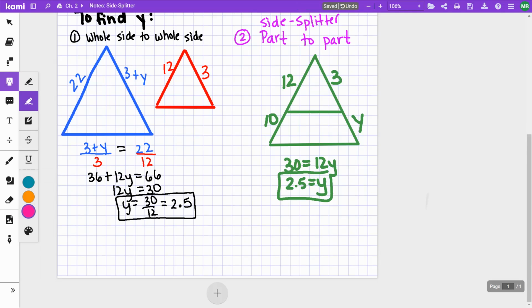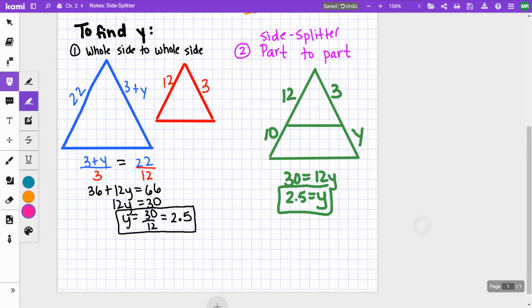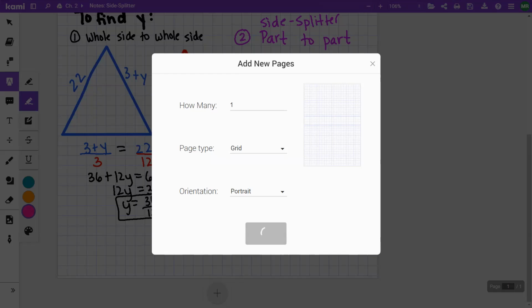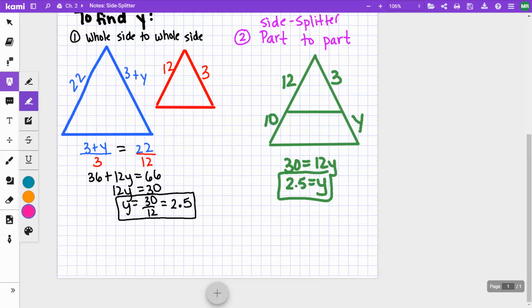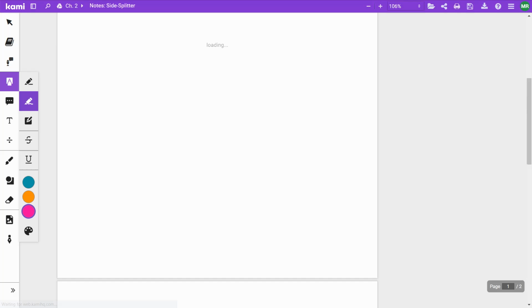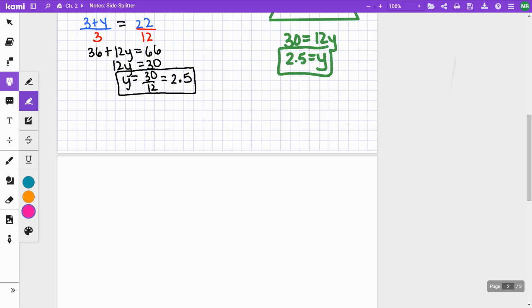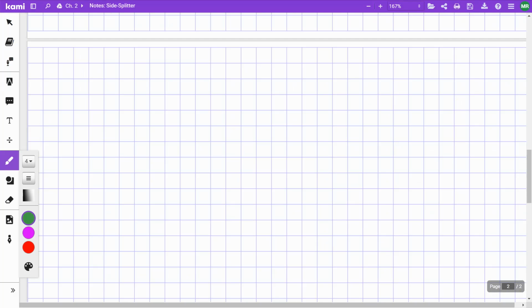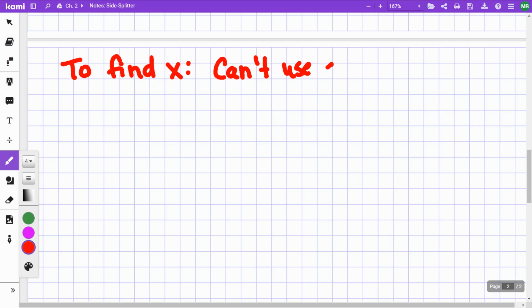I'm going to be adding on a page, and I am going to find X. I am going to do the same situation, but for this one, I am going to find X. And for this, I can't use side splitter.